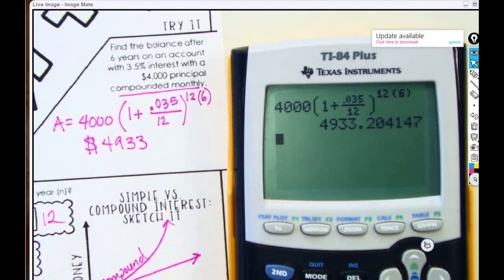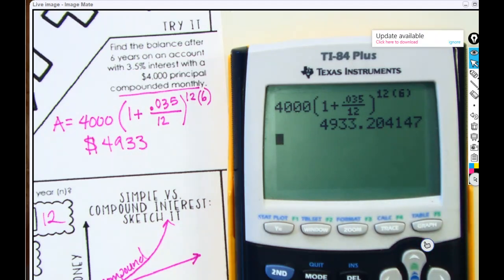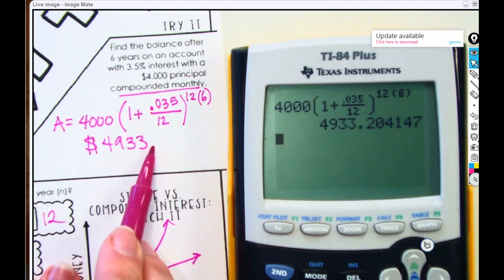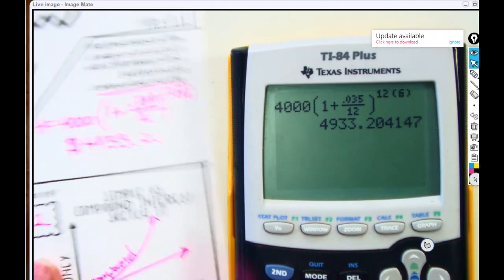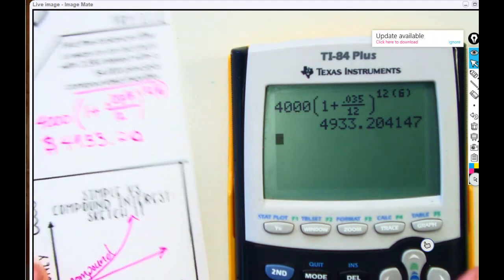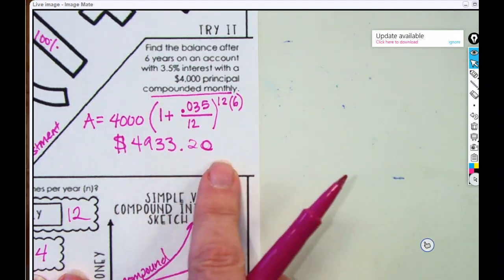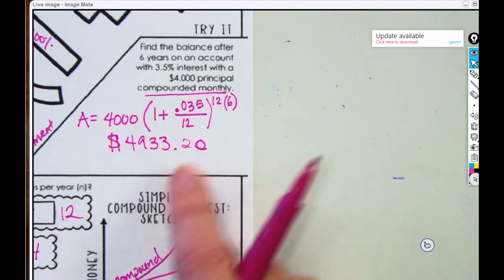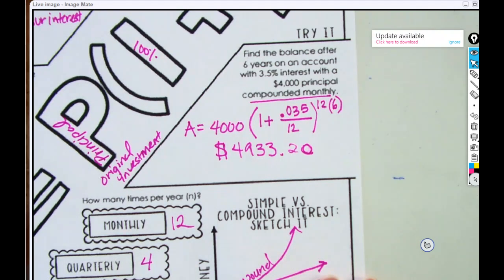If it's the nearest cent, we put 0.02. You would think it was really weird if a price said $4,933.2, so if it says round to the nearest cent, you need 2 decimal places.